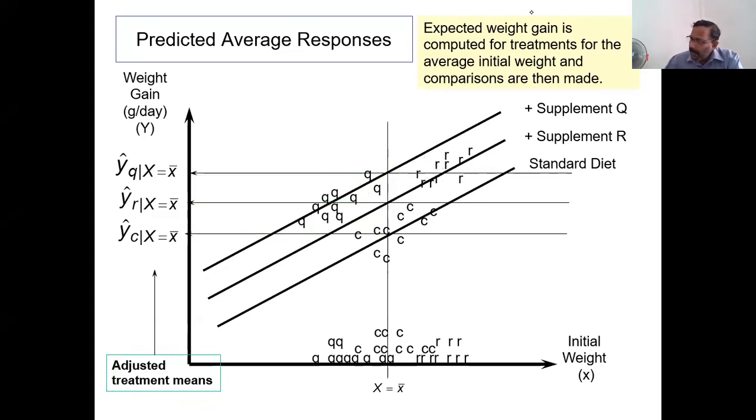Now we have adjusted the means. Look at it. Can you say this is the adjusted mean of standard diet?